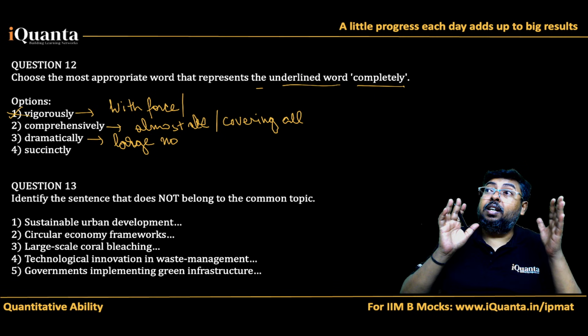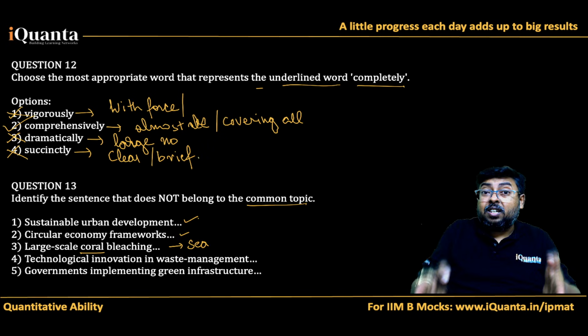Okay. Next part, technological innovation in waste management. Again, something that is to do with development, sustenance, and urban thought process. Okay. Governments implementing green infrastructure. So green infrastructure, right?